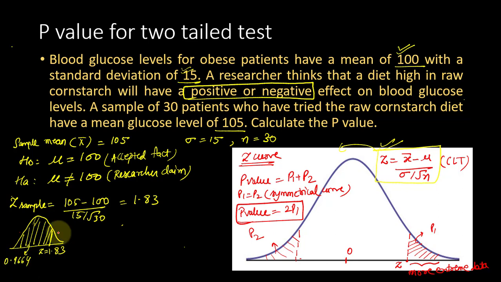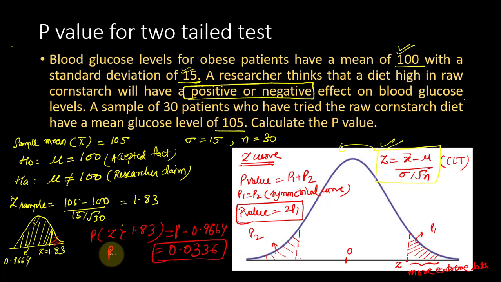But we are concerned with calculating the probability of Z greater than 1.83, that is this area. So we will subtract this area from 1. So 1 minus 0.9664 is equal to 0.0336. This is our P1.